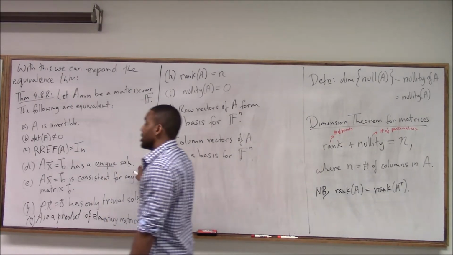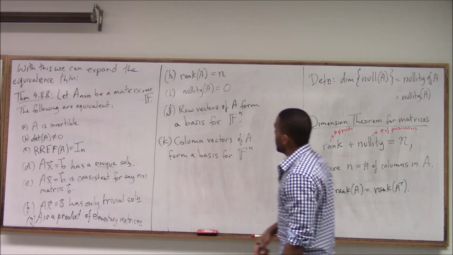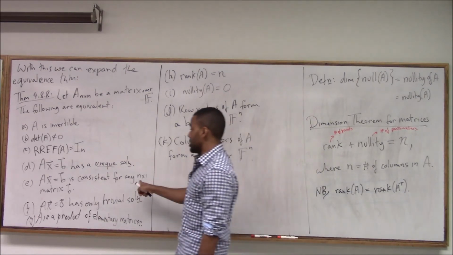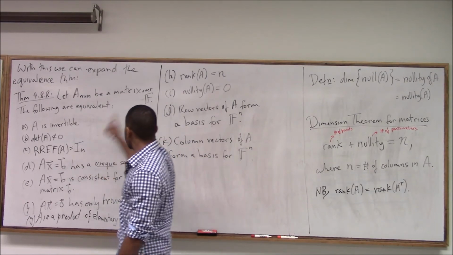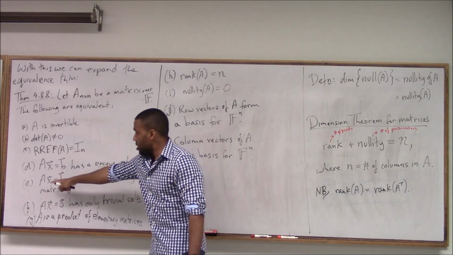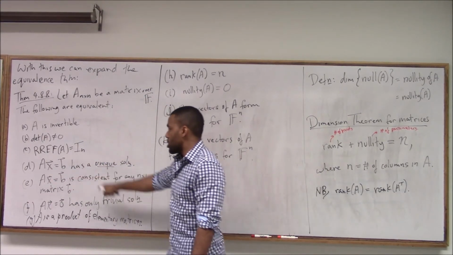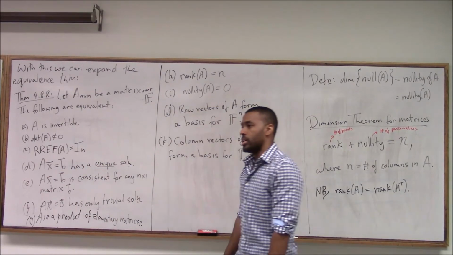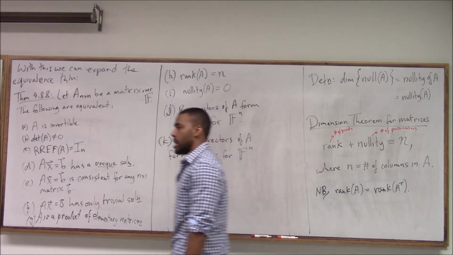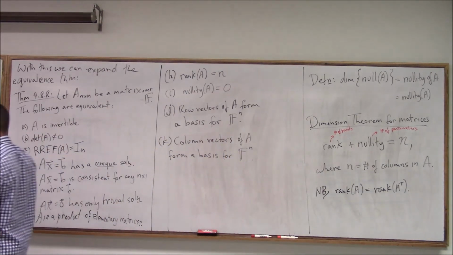Also, knowing that it is consistent for every matrix B, meaning that any B I take in Fn, I can solve this equation, means that if I think of A as a function, it will also be onto. It will be surjective. Every element in the codomain will be an element of the range.